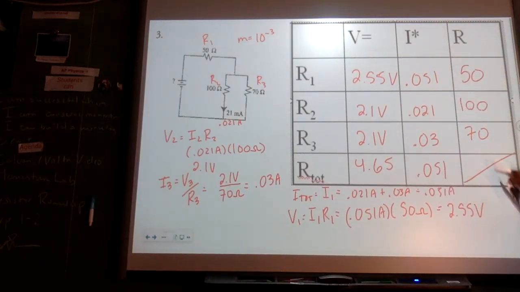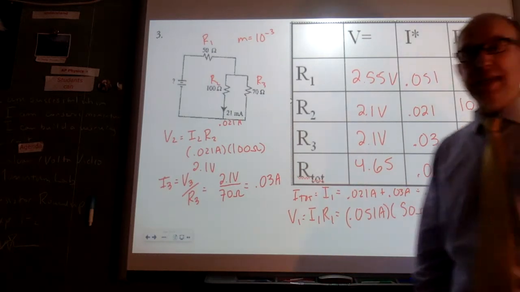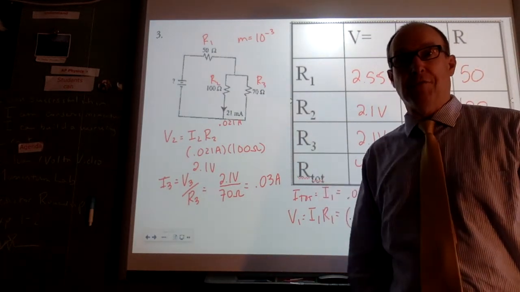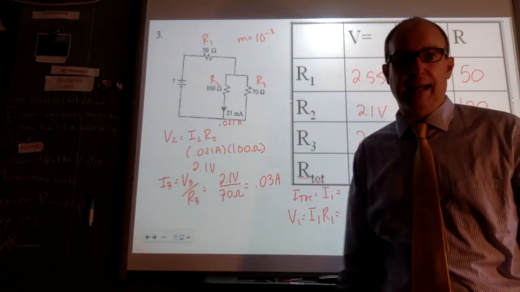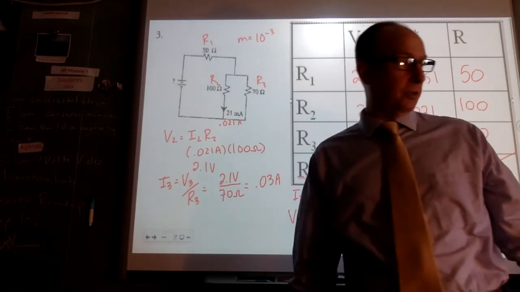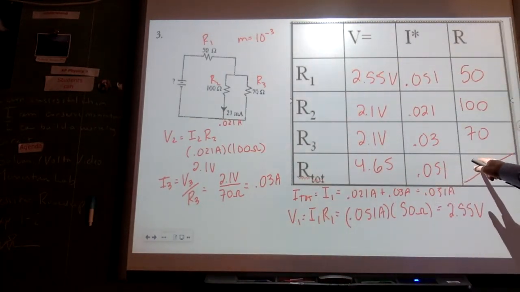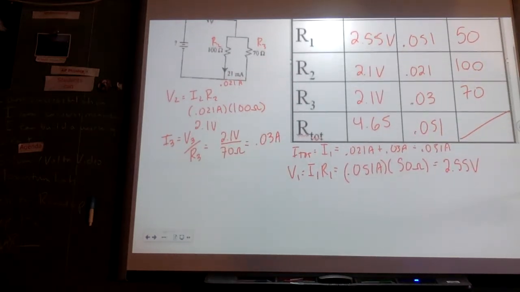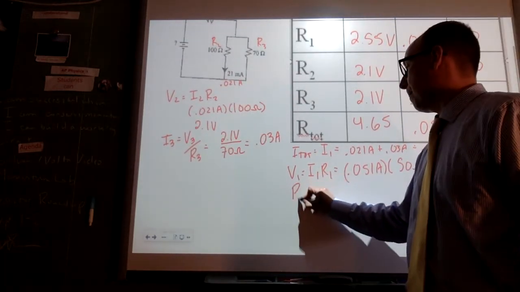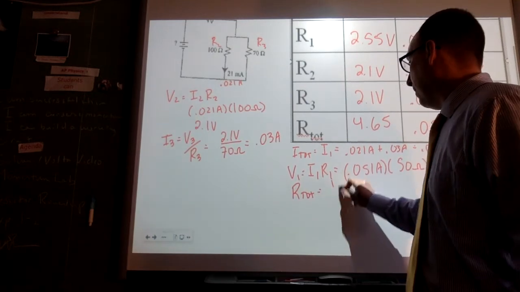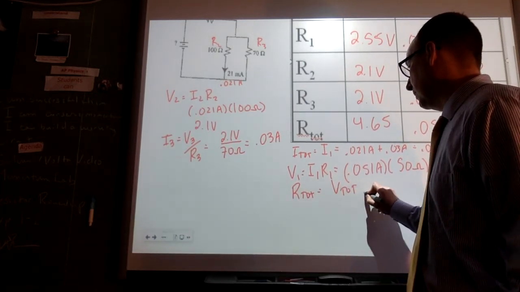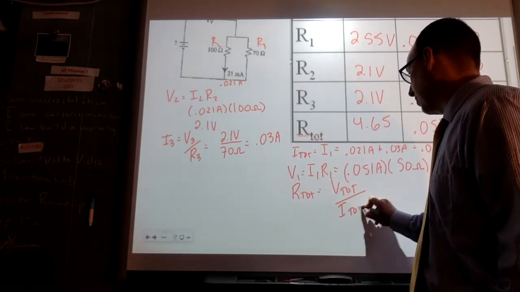And then again, there's going to be two ways to fill this in. And again, we could have started there because we had those resistors, right? Decided that why not do it backwards? So I can get R total by taking V total divided by I total.